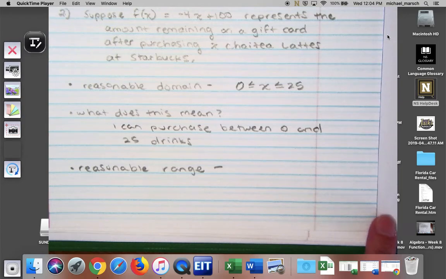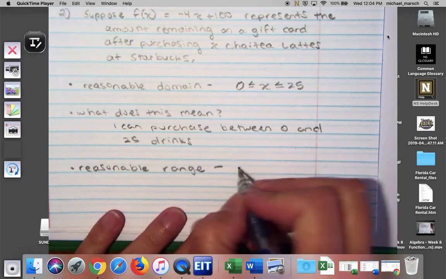If I order one drink, what's my y value? I'm going to put 1 in for x, multiply times 4, and then take that away from 100. 96. Then what will be the next one? The y is your balance on the card.